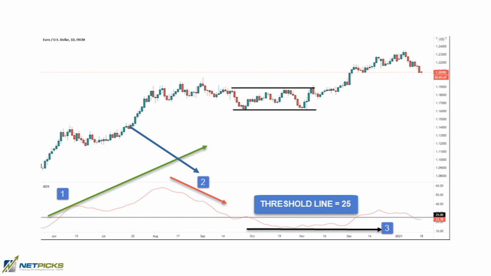Number two, the ADX is dropping, and while technically it's still a trend, you can see on the chart the price action is not really gaining or losing any ground. And number three, the ADX is well below 25 and the trading range is pretty obvious. Because it does not indicate direction of the trend, you're going to have to determine the trend direction in another manner. You can use price action or another trading indicator such as a moving average.